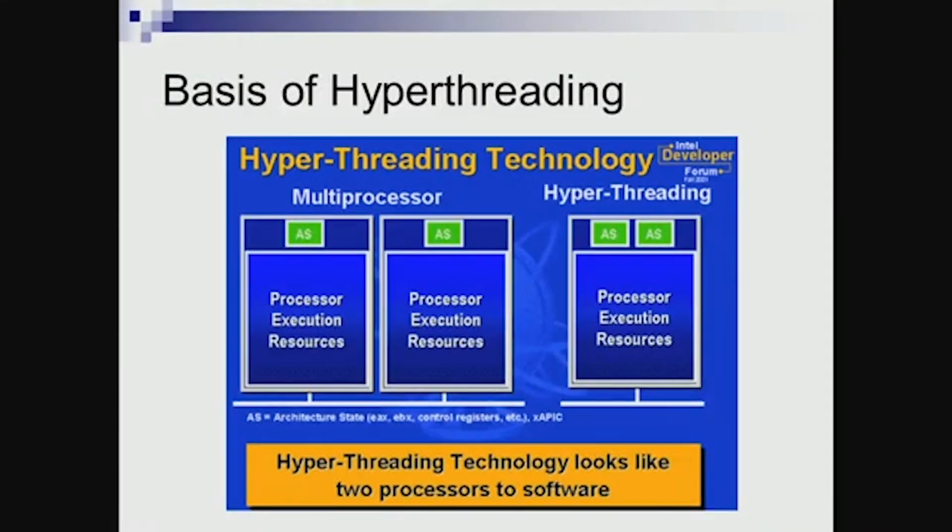So from that multi-core, that's why the notion of hyper-threading was introduced, wherein there will be two different architectural states, but the processor execution resources will be shared. That is what you see on the right hand side in this slide.